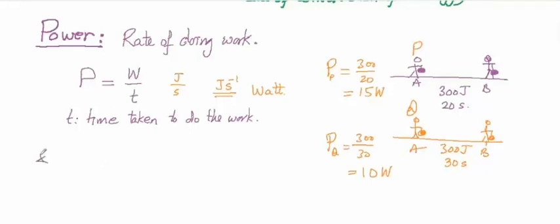Now the important point is that when we write P is equal to W over T, this is the work done only by the driving force.